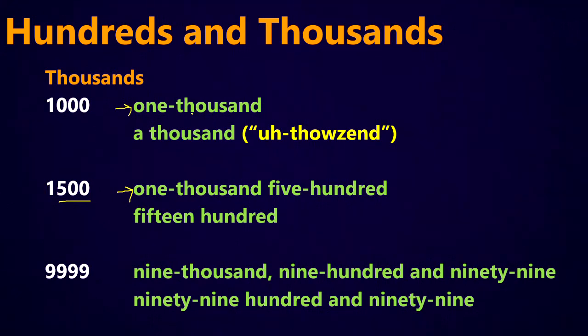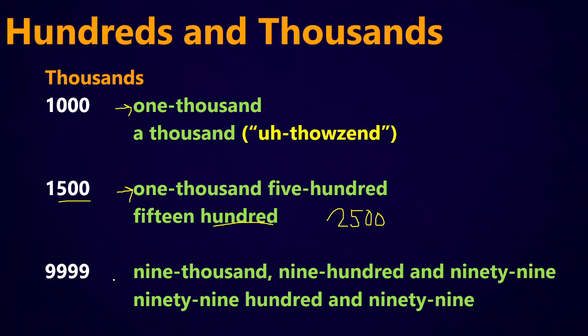We can either say it as "thousand" or we can say it in terms of hundreds. So you could say fifteen hundred, sixteen hundred, twenty-five hundred. So if I say twenty-five hundred, then I mean 2,500. So I could say "two thousand five hundred" or I could say "twenty-five hundred." And since it's a little bit easier to say twenty-five hundred, that's how people will say it most of the time.